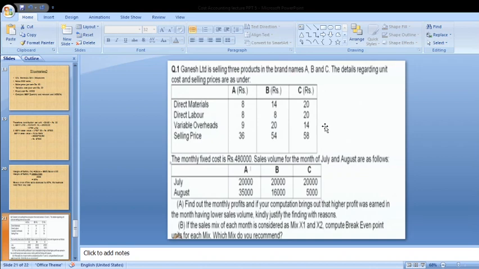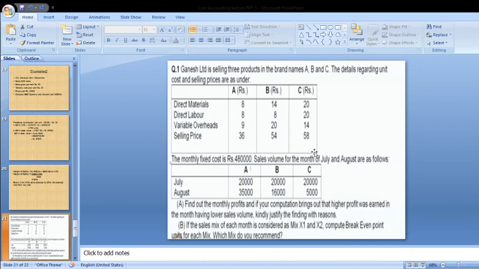So now how will you get ahead? Just think over. I think most of you know by now that the first step is calculating the contribution per unit. We know the sales price, we know the variable cost. So compute the contribution.